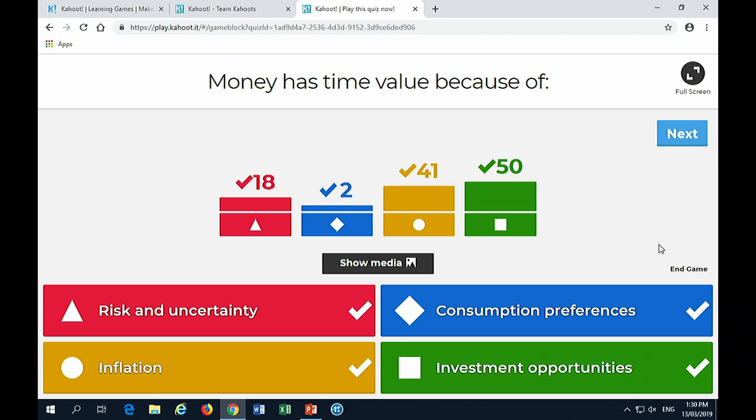Inflation, as I said, all investments are affected by inflation. It's just something that we cannot remove from the equation. And we do have opportunities, and that's opportunity cost, and we have choices. So that's why, for all of these reasons, money has time value.